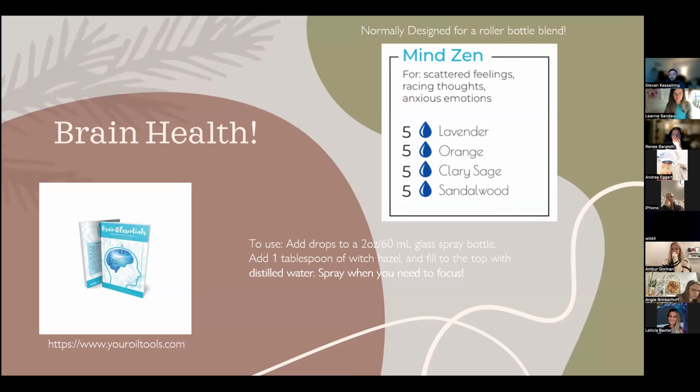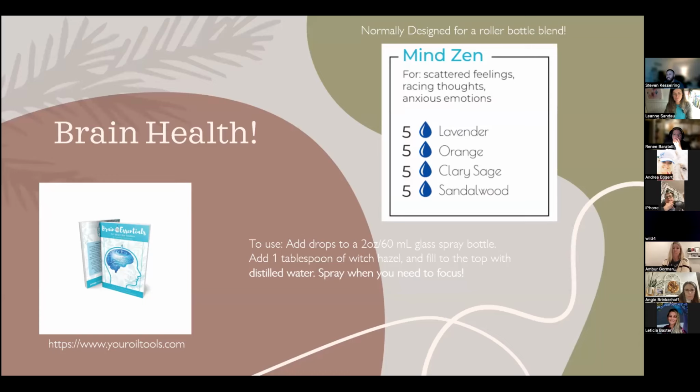On the back of our recipe, we actually do the diffuser recipes that we created to go with the sprays. Every one of these recipes, you can literally take them and turn them into diffuser recipes.